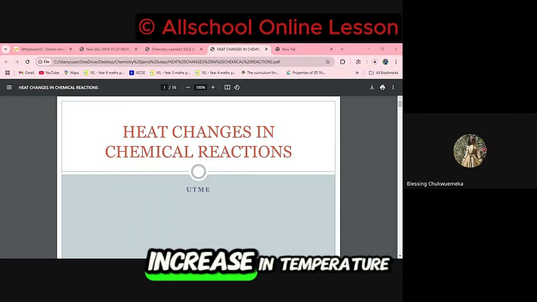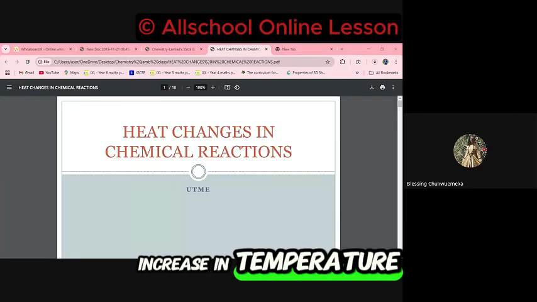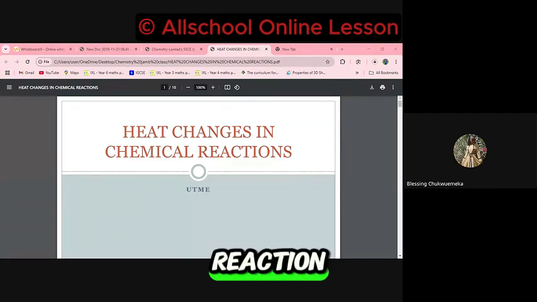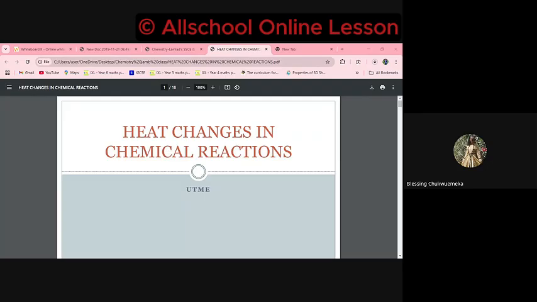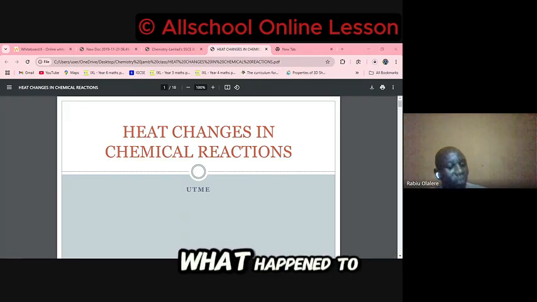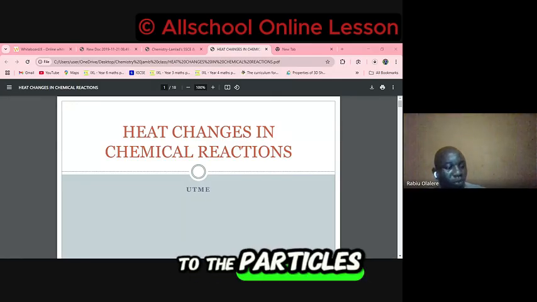Increase in temperature in a reaction increases rate of reaction. When you increase temperature, what happens to the particles?